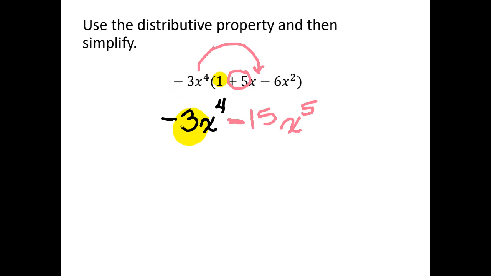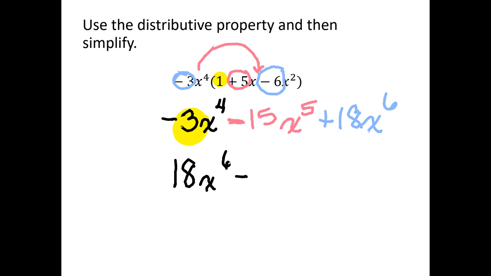This negative 3 is multiplying by a negative 6 to give me positive 18x to the 6th. Okay. Descending order, 18x to the 6th minus 15x to the 5th minus 3x to the 4th.